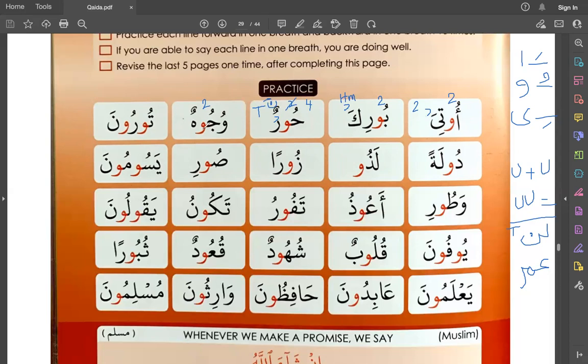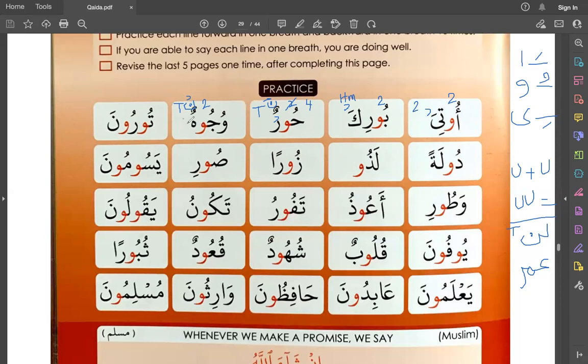Woo, ju, hun. You will give the tawassut because you are pronouncing tanween. You remember that the second dhamma is noon sakin. So whenever you are pronouncing this noon sakin, you are giving tawassut. The tawassut is a medium flow of sound.